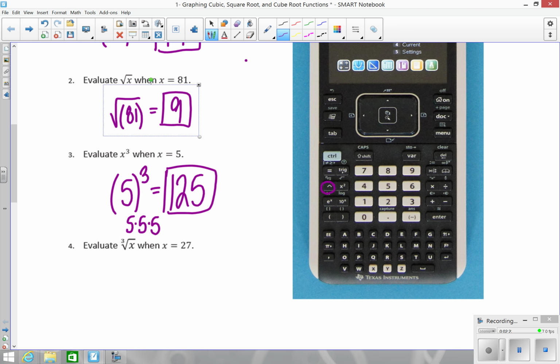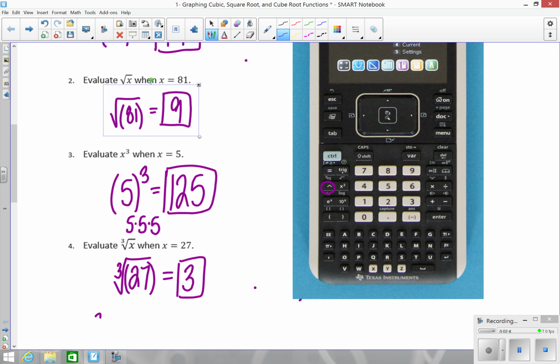And to understand what these roots mean, let's look at the cube root of 27. What that's asking you is what number times what number times what number, or what number times itself 3 times equals 27. So the answer to that is going to be 3. So here's why.